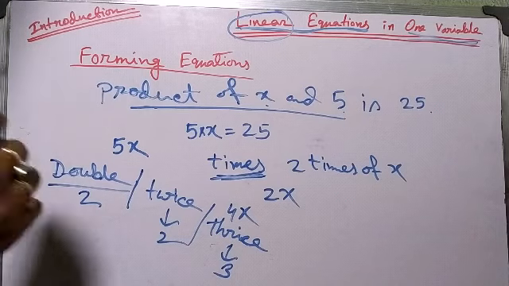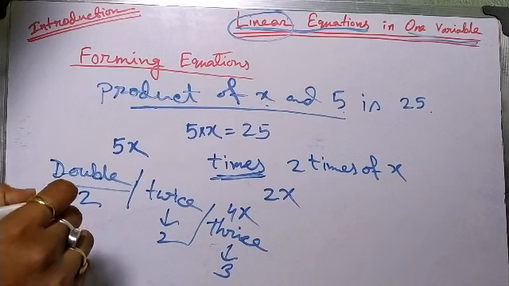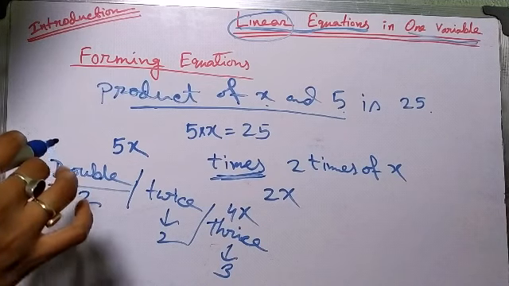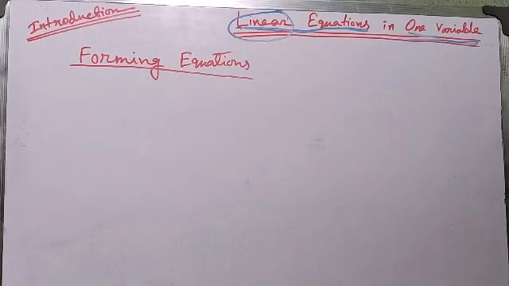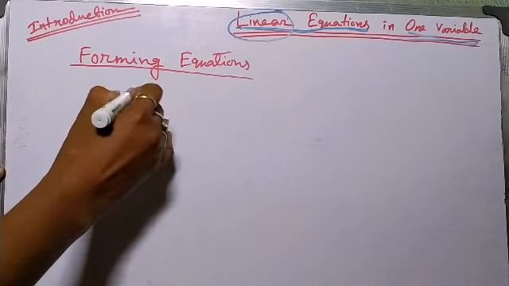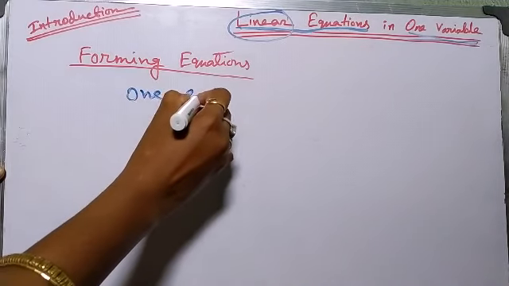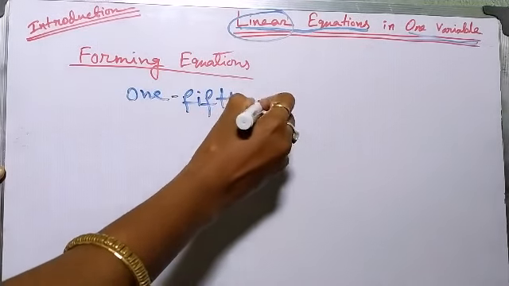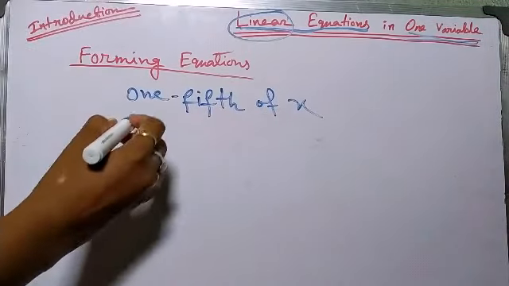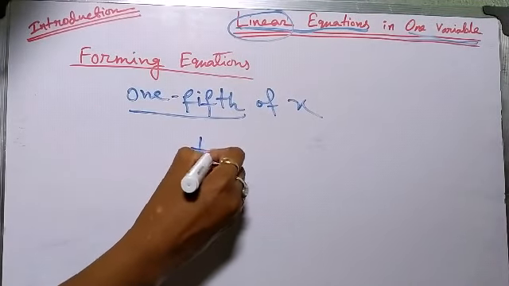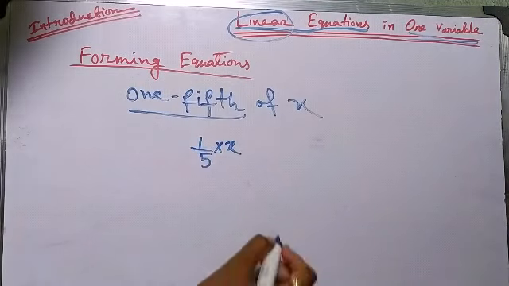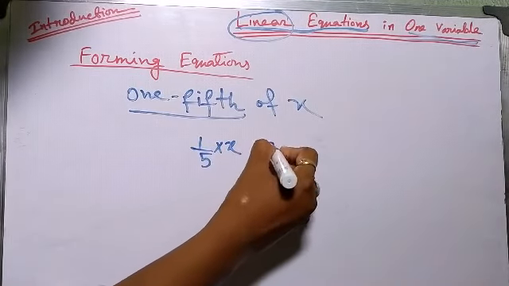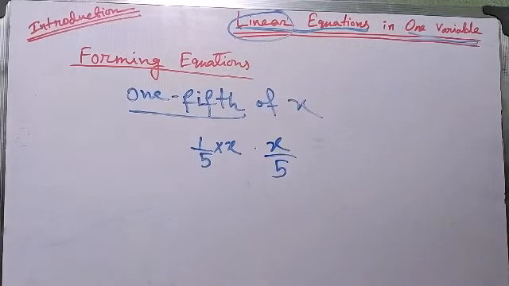Now we will come to the next topic, that is fractional form. If fractional words are given, then how to form the equation. Suppose 1/5 of x is given. 1/5 of x means x by 5.